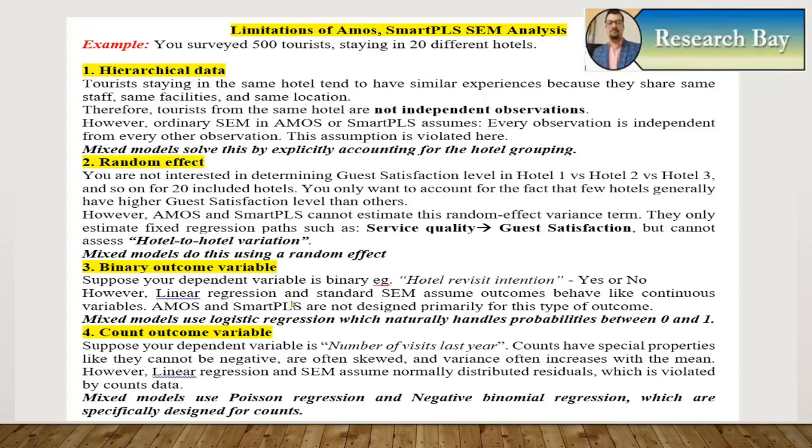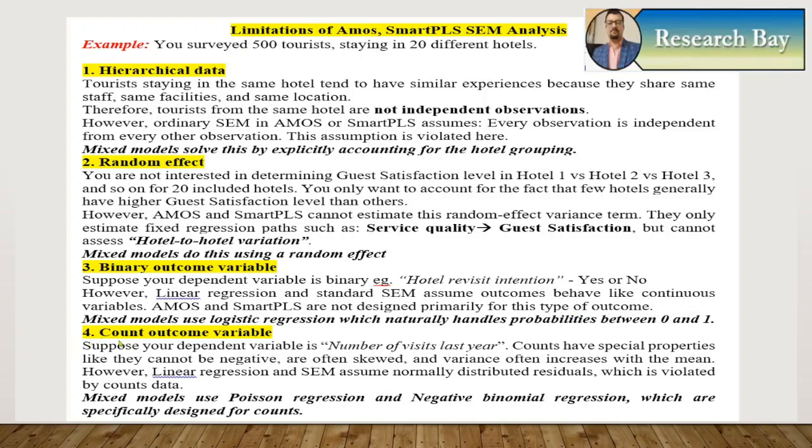However, linear regression and standard structural equation modeling assume outcomes behave like continuous variables. They need continuous variables as outcome, right? In structural equation modeling. So AMOS and Smart PLS are not designed primarily for this type of outcome, but mixed models use logistic regression, which naturally handles probabilities between 0 and 1 and allows for binary outcome variables.